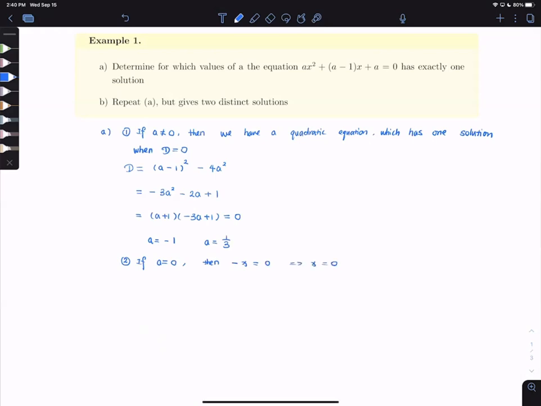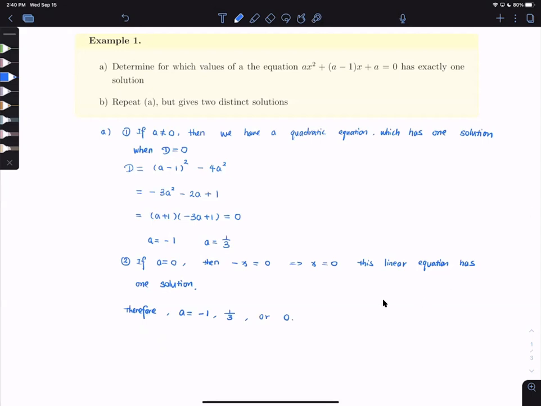This linear equation has only one solution. So it also satisfies the condition. So your final answer is A can be negative 1, 1 over 3, or 0.